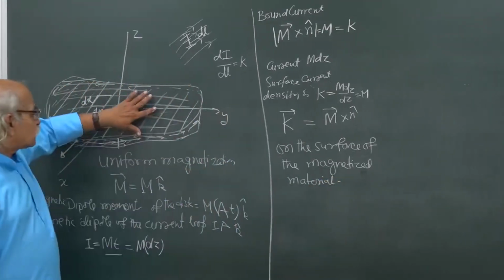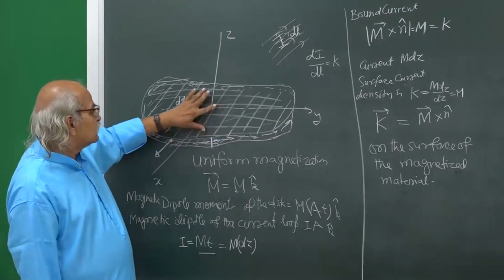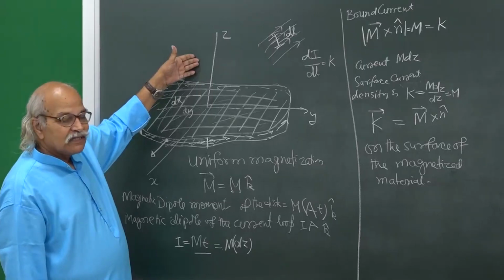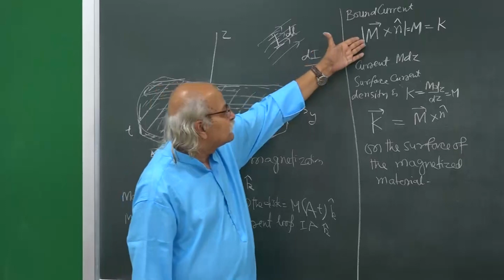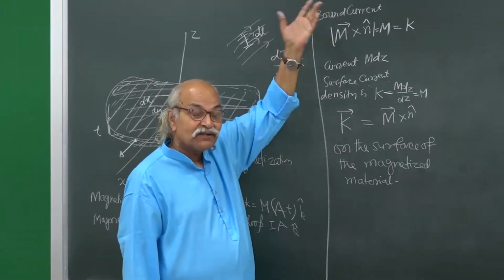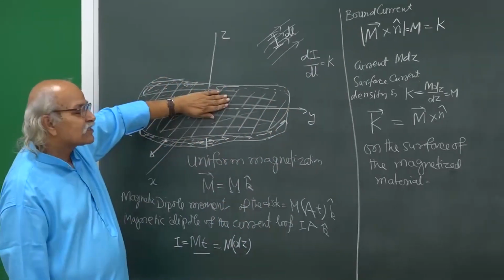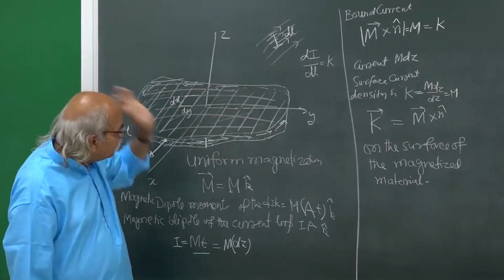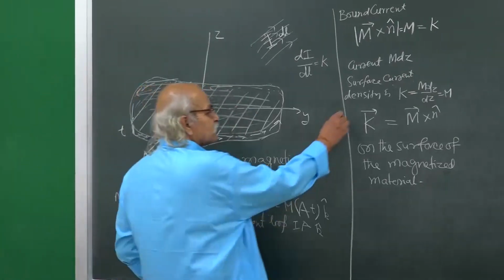If you talk of this top surface, even there this formula will work, because on the top surface, when you draw the perpendicular normal, it will be in the z direction itself, and therefore this m cross n cap will be 0, m is also in z direction, n cap is also in z direction. So, that will be 0, no surface current here, the surface current is only here. So, I can say that on the entire surface of the material, everywhere, this formula works.